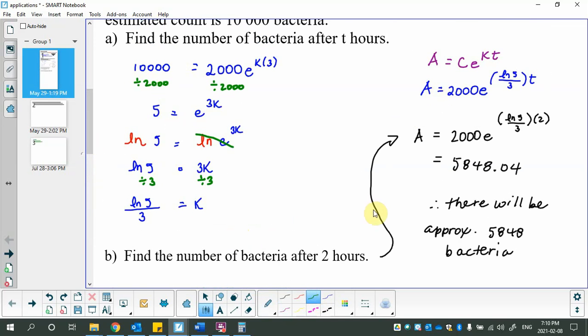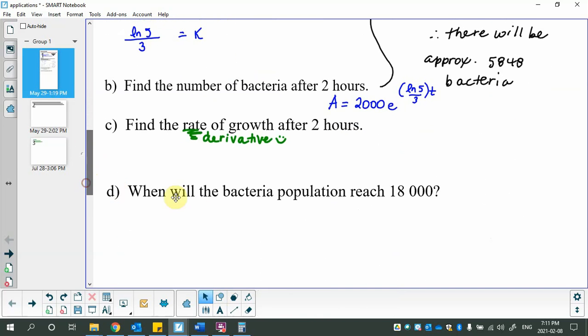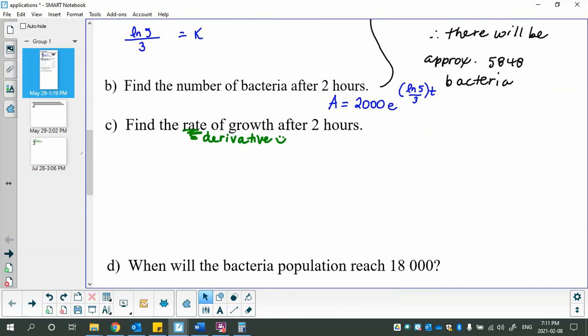So I'm going to write this down again and drag it. A equals 2000 e to the ln 5 all over 3 times t, and we want to find the rate of growth after 2 hours.